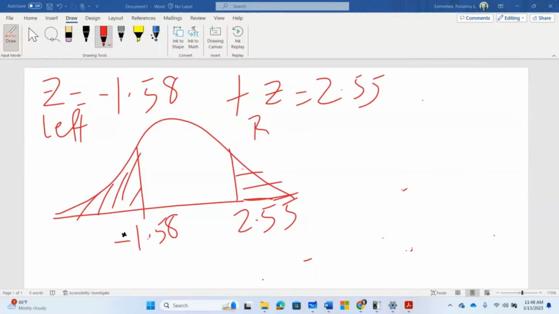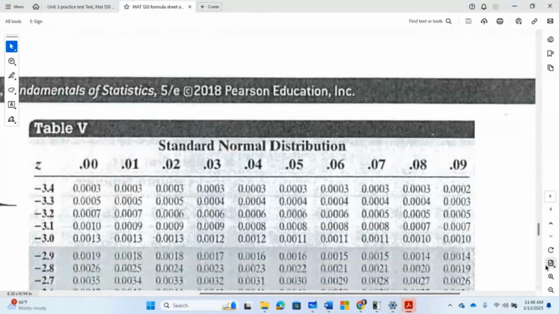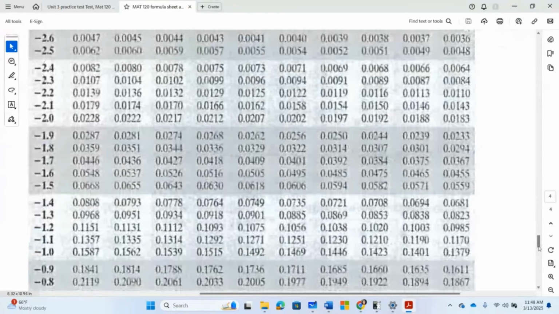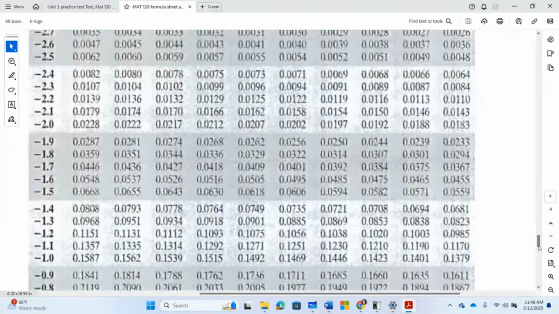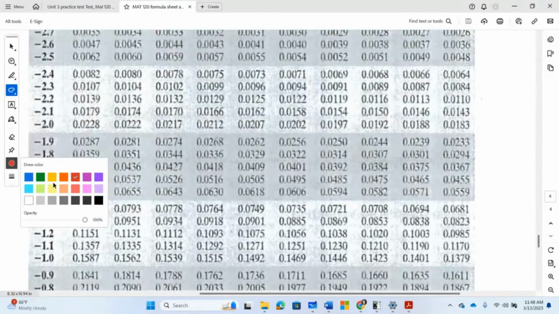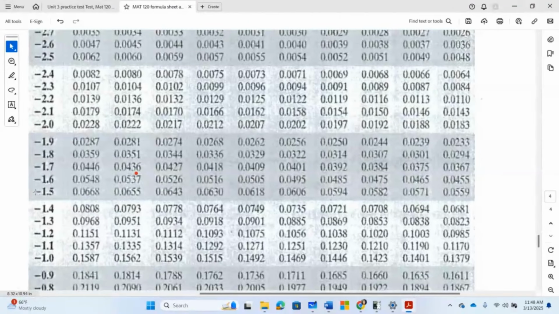So for negative 1.58, negative 1.5. Okay, so this is negative 1.5 right here, 0, 1, 2, 3, 4, 5.